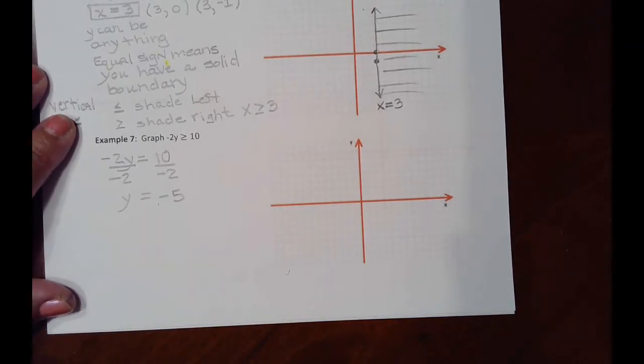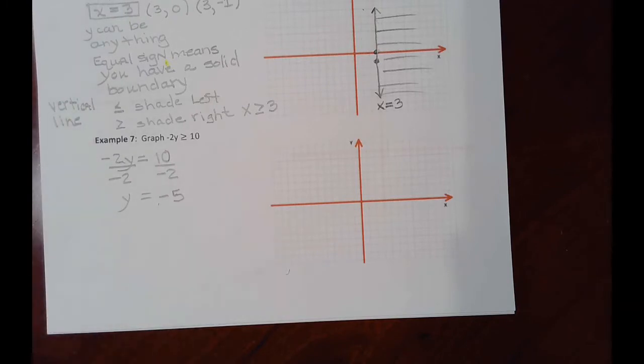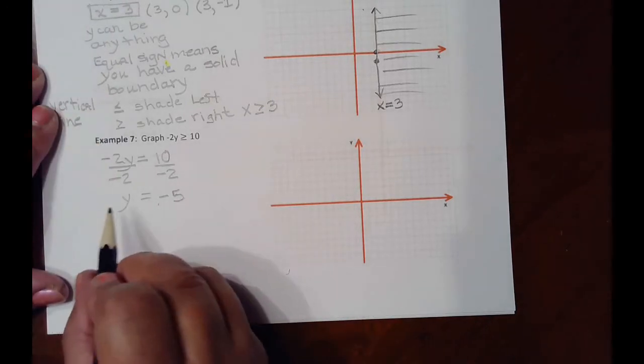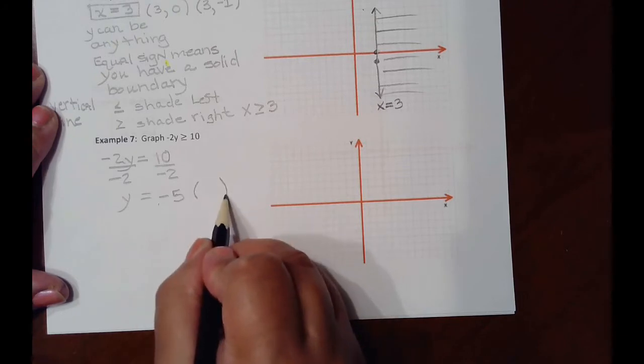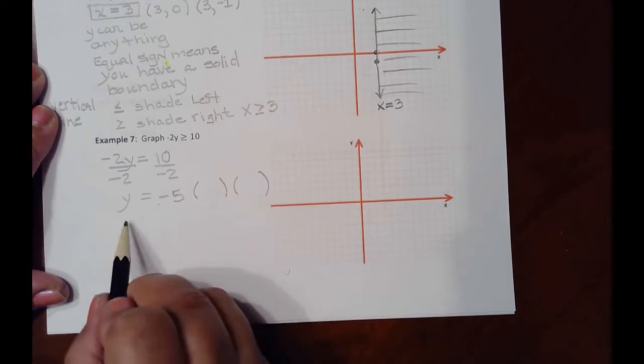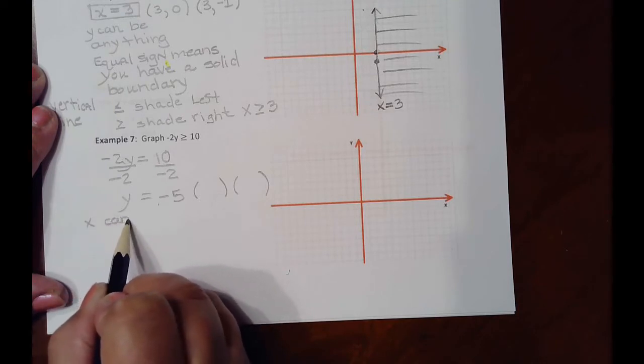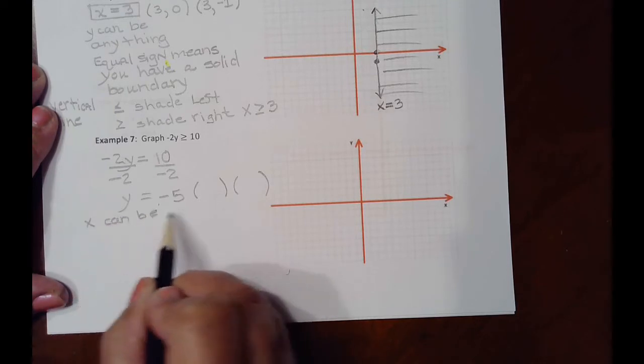So the easiest, quickest way to get the graph, rather than slope and rise and run and all of that, what you want to do is just design a couple of points. Make sure that the y value is always negative 5, and for the variable that's missing, x can be anything.